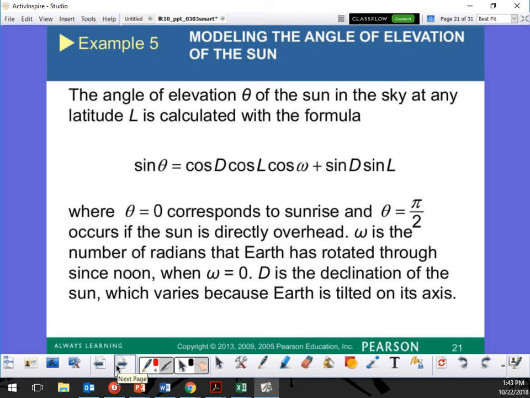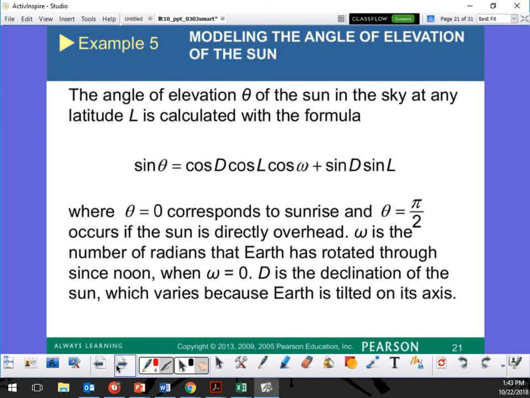Okay, so angle of elevation theta, the sun in the sky. I think you guys actually have this problem in the homework too. That's why. It is located right here. So you're trying to find theta. Zero corresponds to sunrise, and pi over 2 corresponds directly overhead. So I'm going to modify this formula for you just to give you the answer, because all you have to do is plug in numbers now.